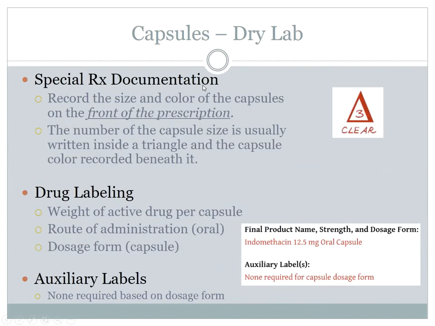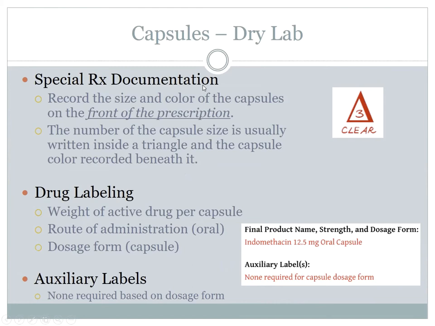All right, now this is probably, I only laugh because this is where many of you will probably lose a point or two because there is special documentation for capsules. And it's hard to remember because it is only done for capsules. But would you agree that a lot of the formulation, the amount of lactose and all of that we use depended on the capsule size? So the capsule size we choose is important.